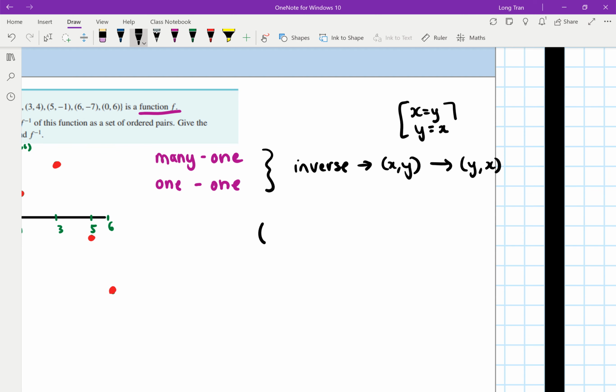That's what an inverse function is. In my video of the theory, I would have explained why that is true. But here, the idea is x becomes y and y becomes x.